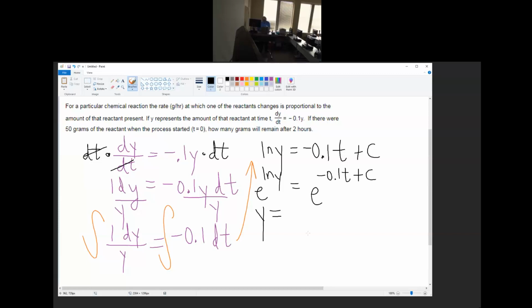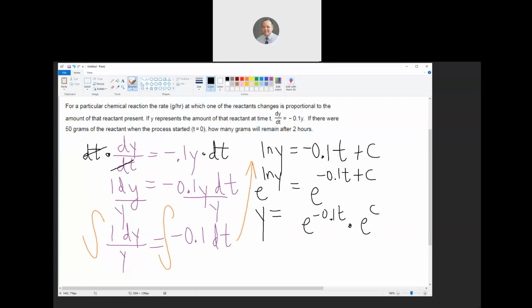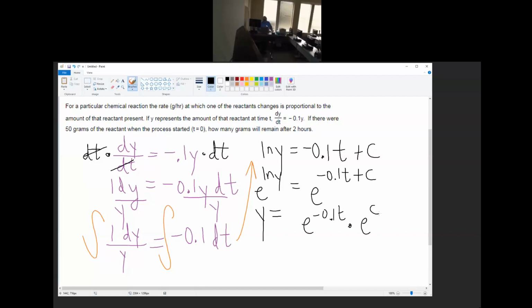So we can rewrite the right side as e to the negative 0.1 t times e to the c power. Is everybody okay so far? Just want to make sure.